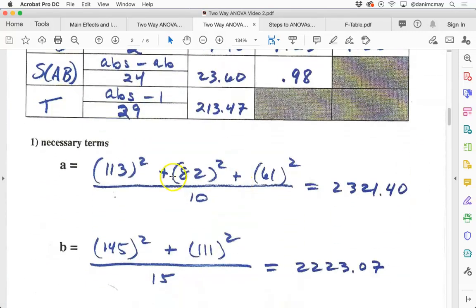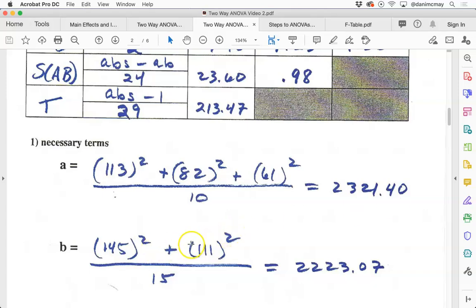So you've got 113 squared plus 82 squared plus 61 squared divided by 10. Okay. And if you figure that out, it's 2321.40.